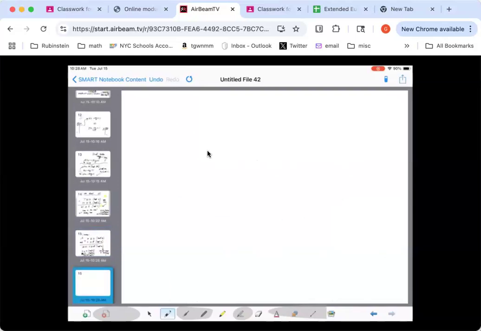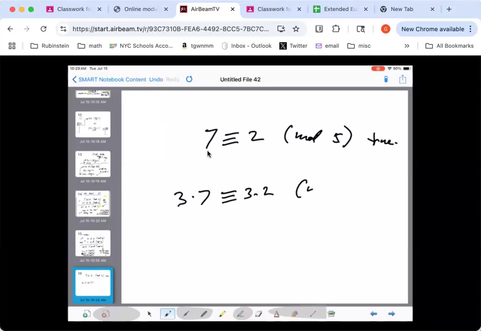Okay, my next question for you. If 7 is 2 mod 5, do you think that you are allowed, this part's true, do you think it's legal to multiply both sides by a number?